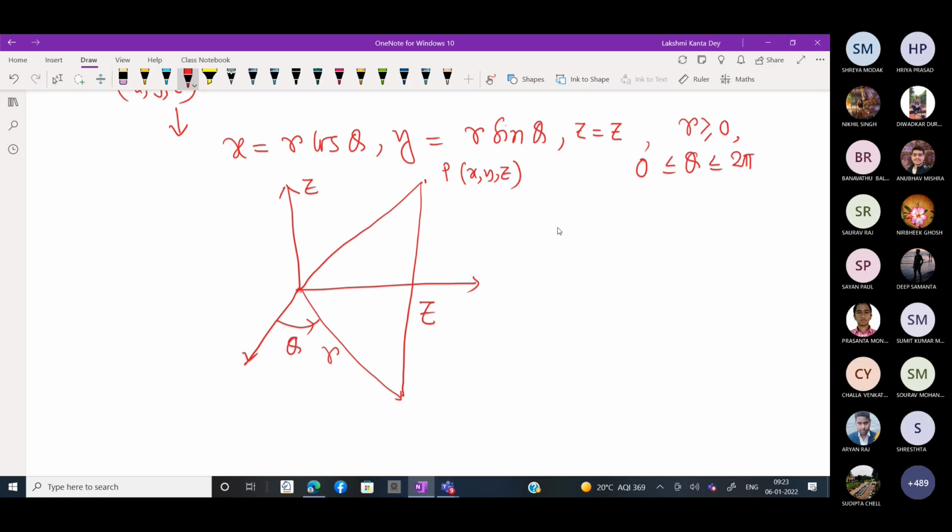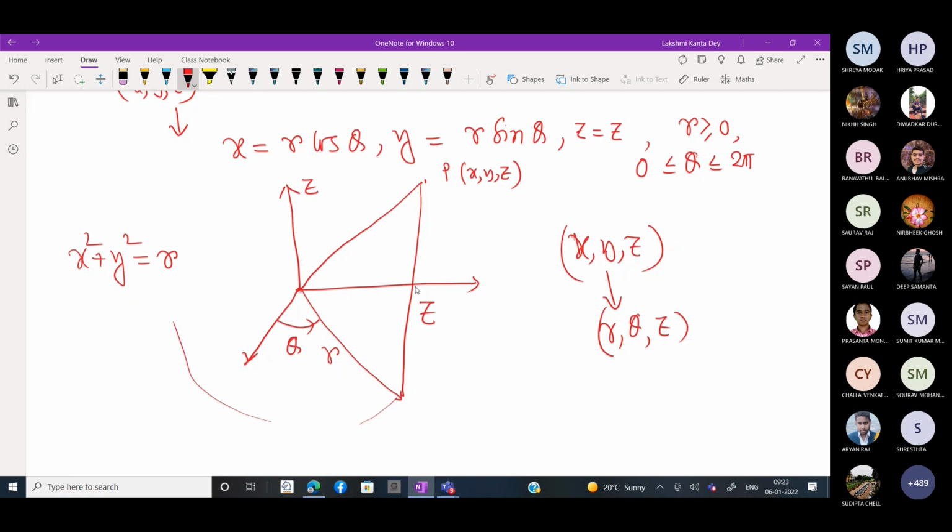So we are representing x, y, z in terms of r, theta, z. The transformation is x equal to r cos theta and y equal to r sin theta. If we do the calculation, x square plus y square is going to be equal to r square, and theta is having the full rotation, you understand? So this is basically a cylinder.